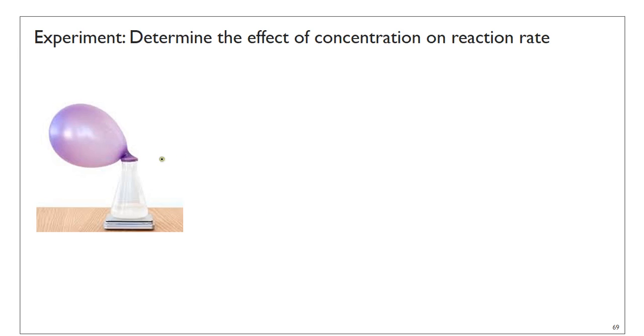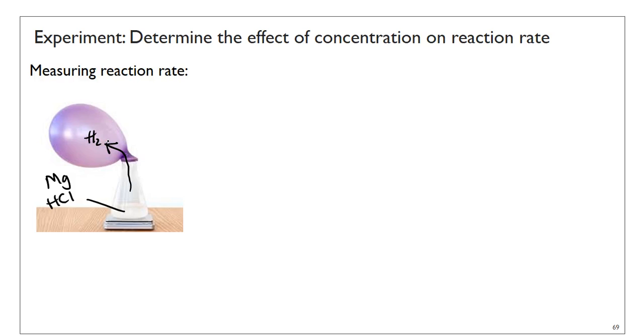I think this is the one that a lot of you used in class when we did this designing the experiment, and you just put the magnesium and the hydrochloric acid. So in the conical flask here, you have magnesium and you have HCl, and then you very quickly cover the top of the conical flask with a balloon, and then you can collect any hydrogen gas that is produced, which is going to go into the balloon.